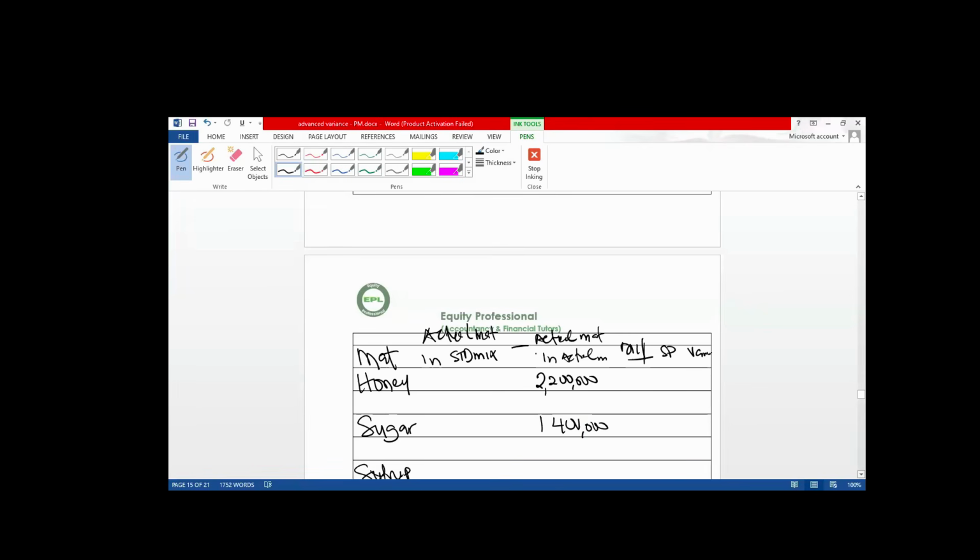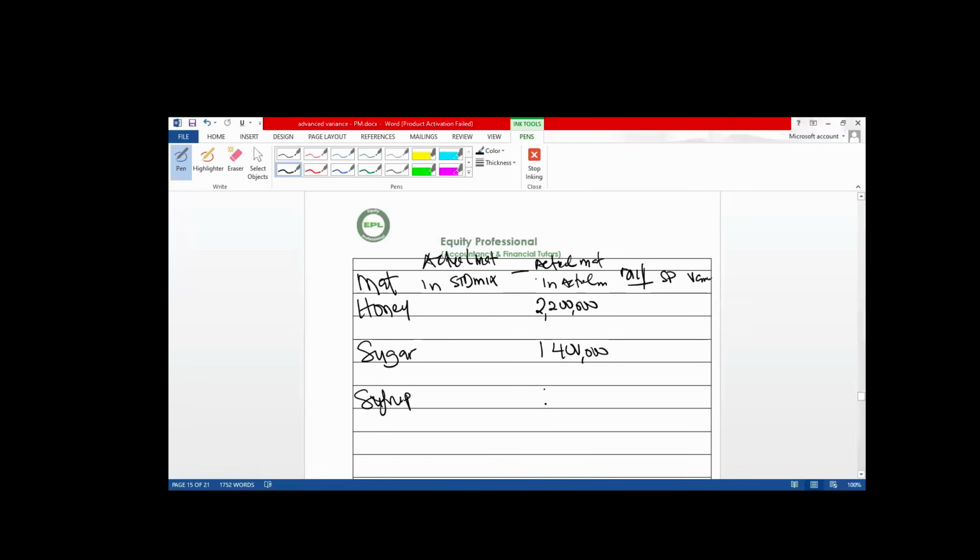This is 1,050,000. Now get the total. Sum of the total. 2,200 plus 1,400 plus 1,050. This will give you 4,650,000.